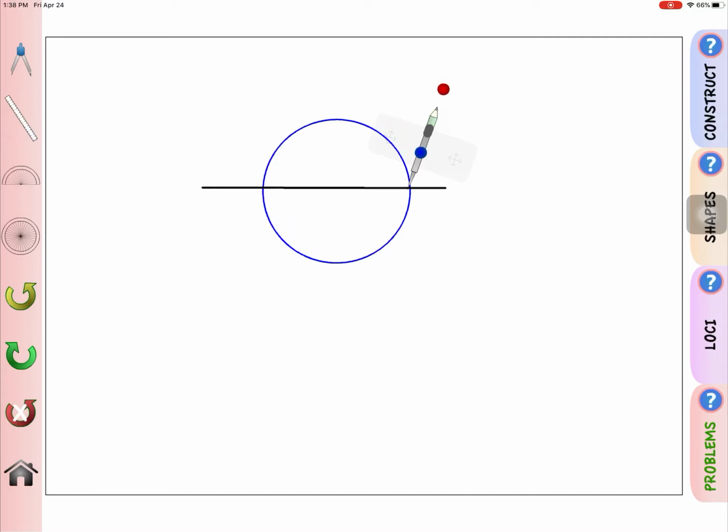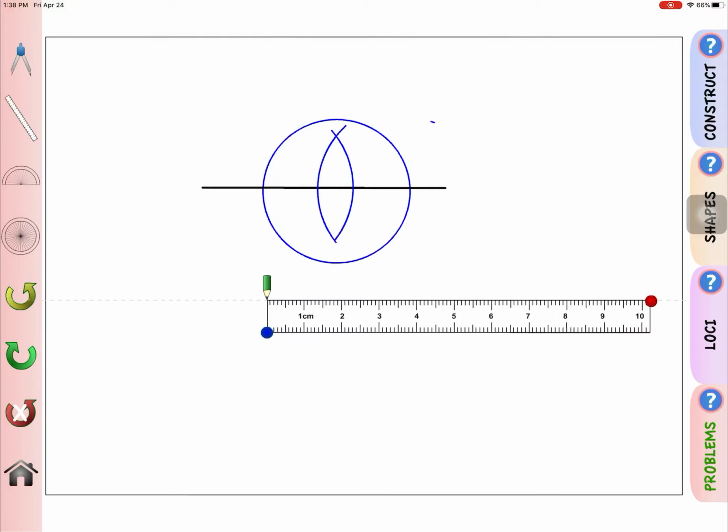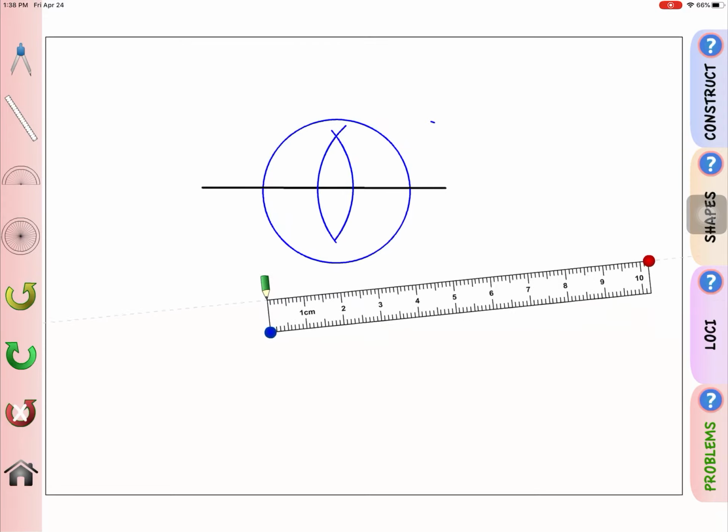Okay, and then we're going to come over to here, and we're going to draw a circle here. Move this guy right over here. Oops, I almost got her in the point. And we're going to put a bisect over there. And you can see now we've actually split this circle completely in half.